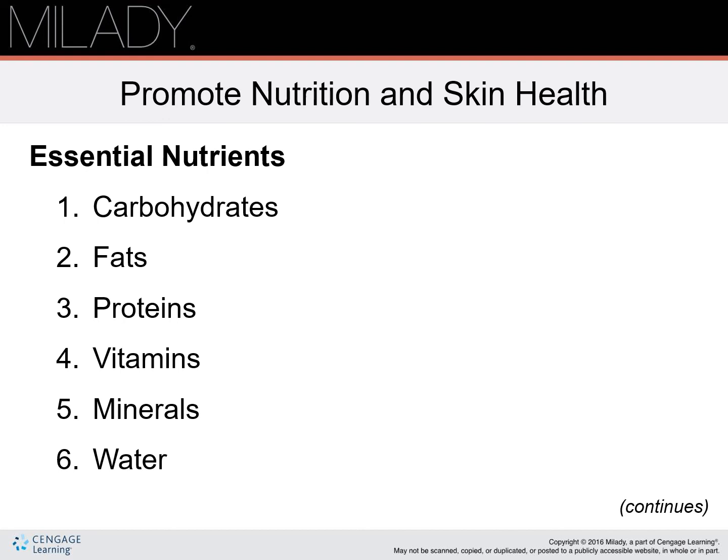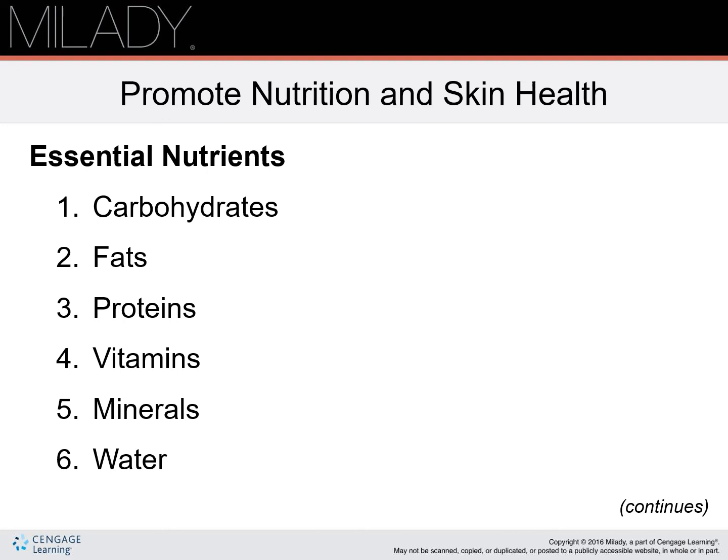So what are some essential nutrients? These essential nutrients are obtained through eating and drinking. The body cannot make nutrients in sufficient amounts to sustain itself properly. So let's talk about carbohydrates. You need carbohydrates for energy to run every function within the body.